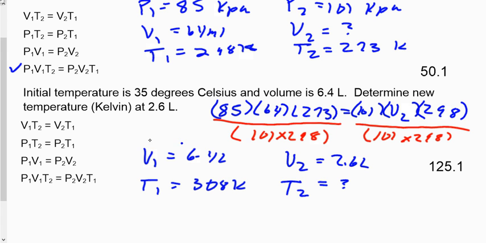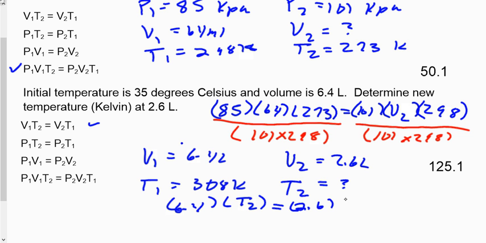So we have a volume and temperature again, back to Charles' law. I'll check that one there. This is the equation we're going to use. So 6.4 multiplied by T2, we're trying to find T2, equals volume 2, which is 2.6.